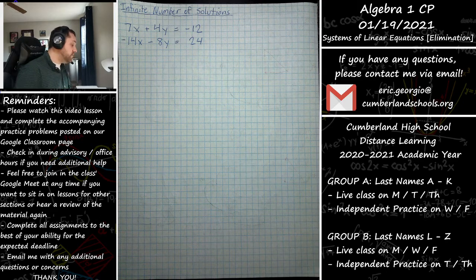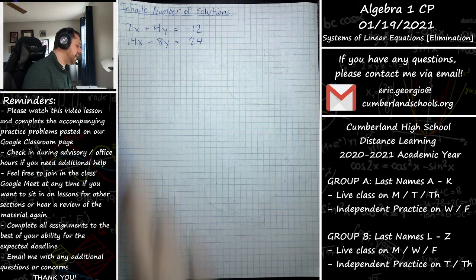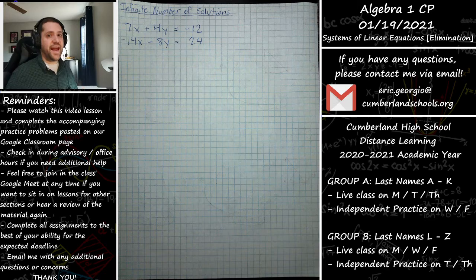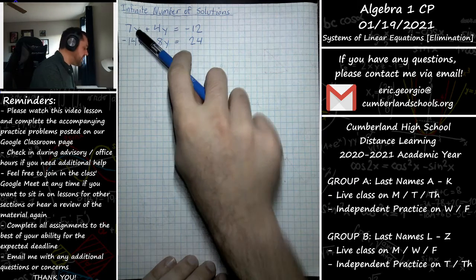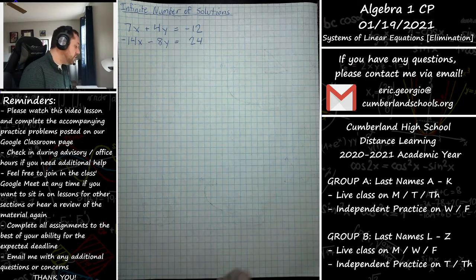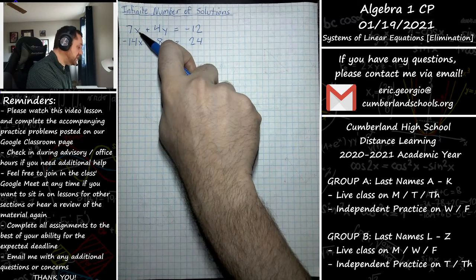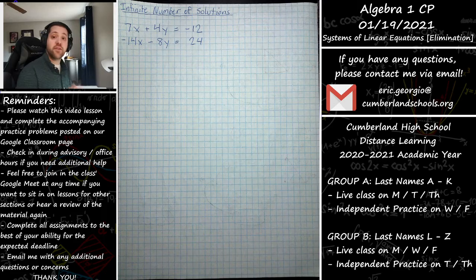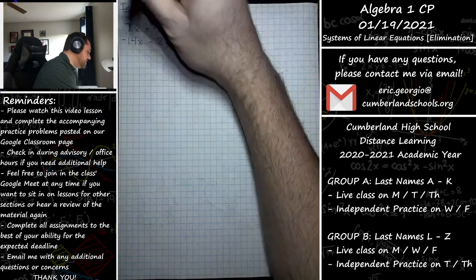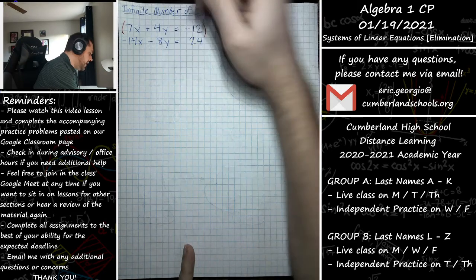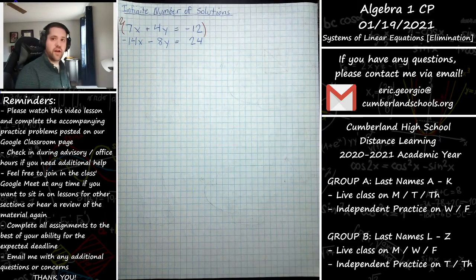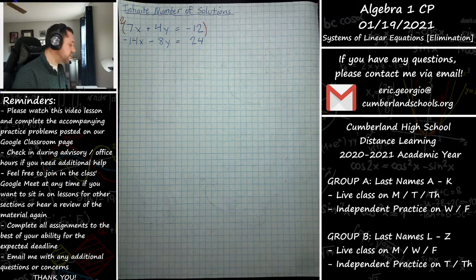So what I would do is look to see how I can modify one of these equations such that we can get some matching coefficients. I would notice that if I take this top equation and multiply it by 2, the 7 will become a 14 and match up with the -14 so that we can then do elimination. So I would take that top equation and multiply everything by 2.